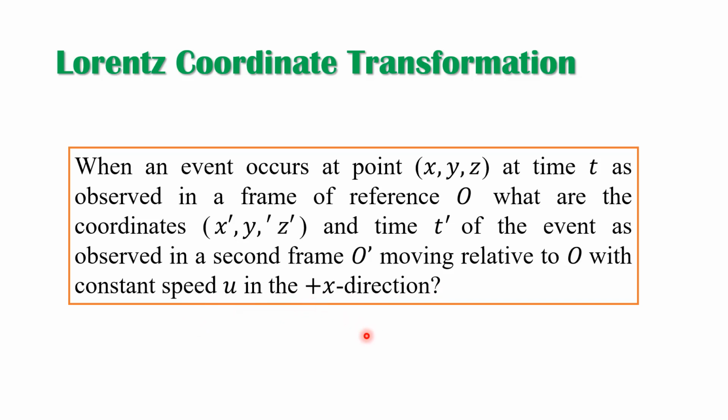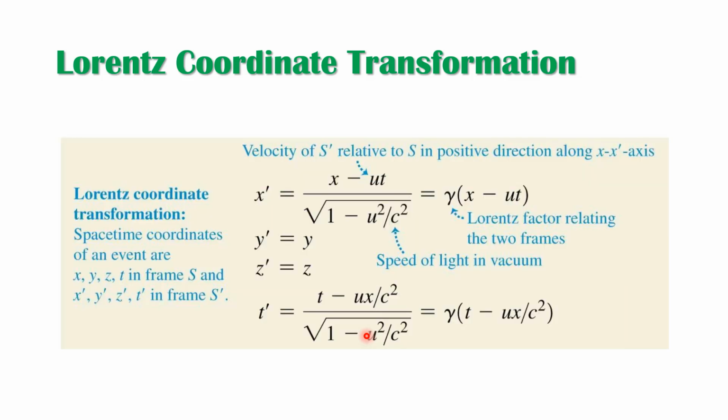So take note that the length is contracted and the time is dilated as seen by the observer in O or in S. So we have x prime equals x minus ut divided by the square root of 1 minus u squared over c squared, where 1 over the square root of 1 minus u squared over c squared is just equal to gamma.